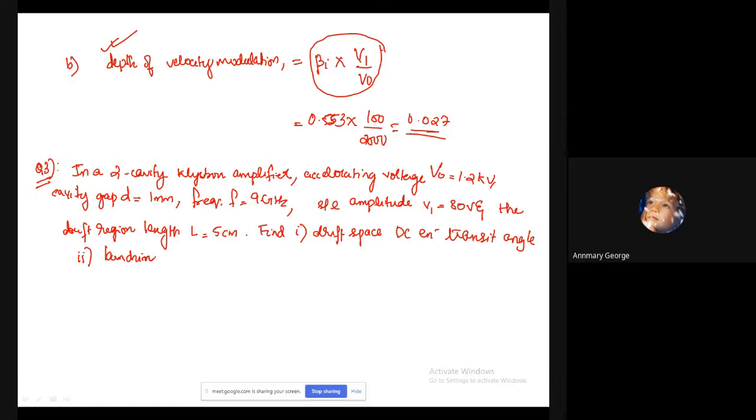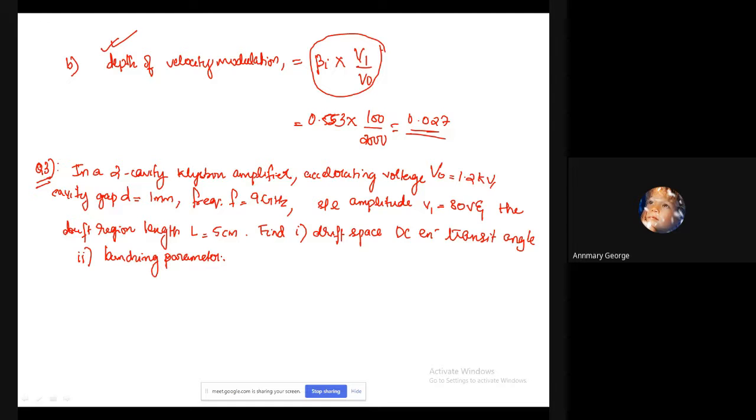Please try this question. You have to first find out V0, the velocity of the electron beam.